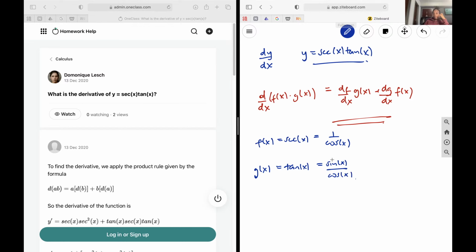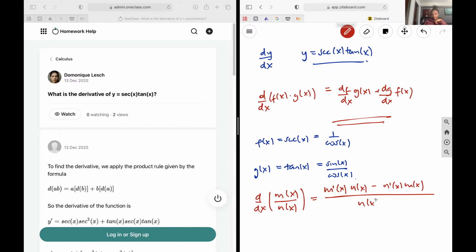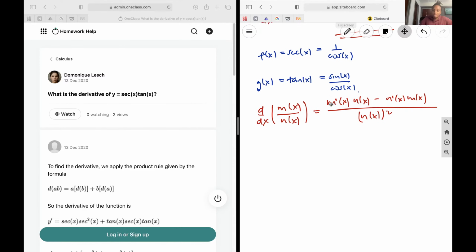Okay, so now I need to go about finding the derivatives of these, and I'm going to do that by using another rule, which is a quotient rule, and that just states that d over dx of, we're going to have to name them different functions, so m of x over n of x is going to be equal to the derivative of m multiplied by n minus the derivative of n multiplied by m all over n of x squared.